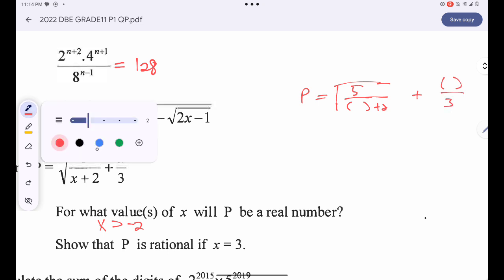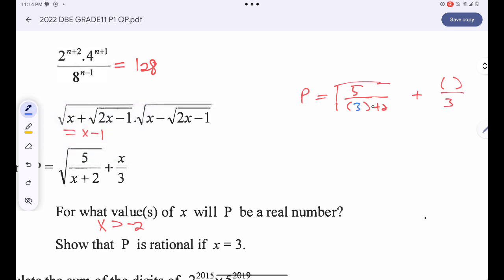Whenever I come across x, I just need to substitute 3. If I get an answer which has a square root, that means p is irrational. But if I get an answer that doesn't have a square root, it simply means that p is rational.